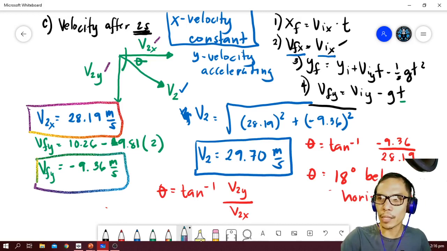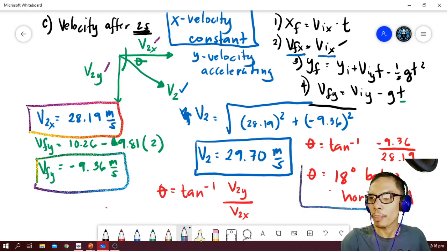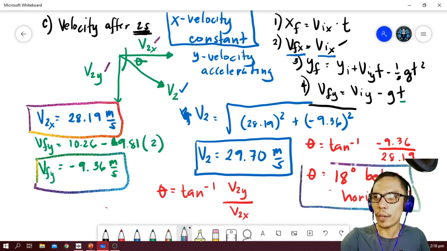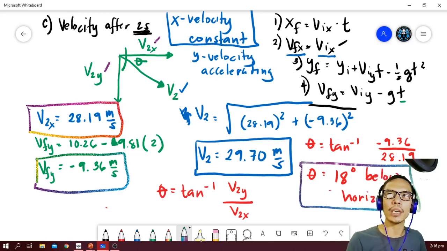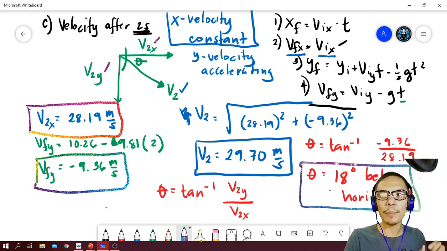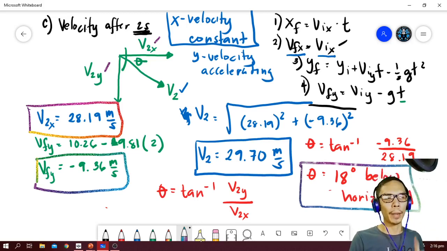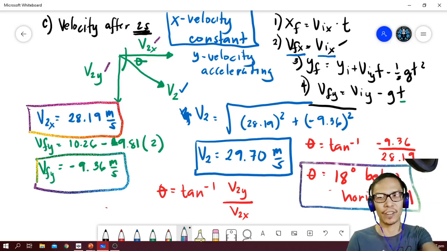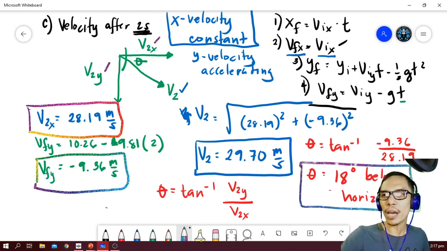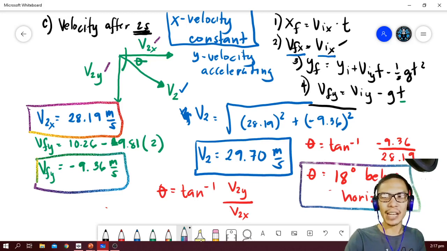So I will box this one. Let me repeat the answer. What is the velocity after 2 seconds? 29.70 meters per second at 18 degrees below horizontal. Remember, velocity is a vector quantity and it should always have a magnitude and a direction.